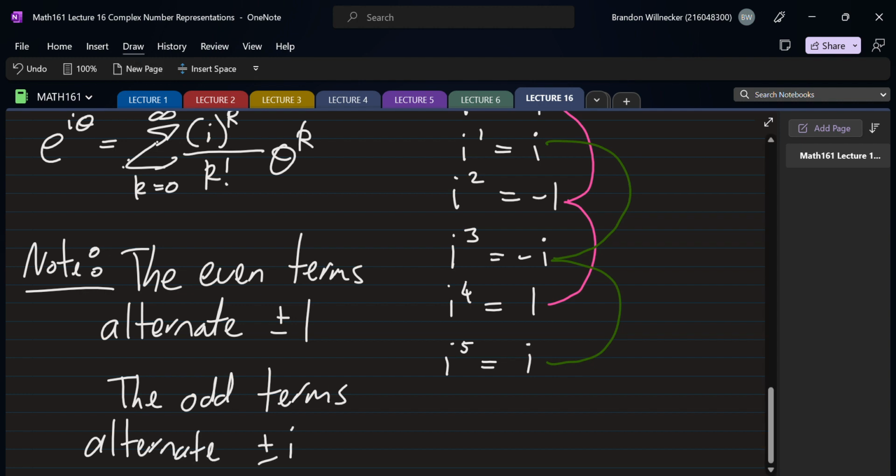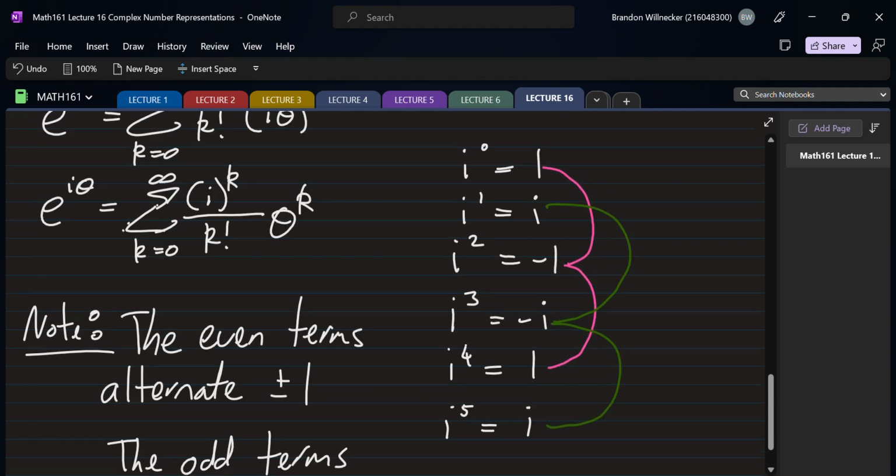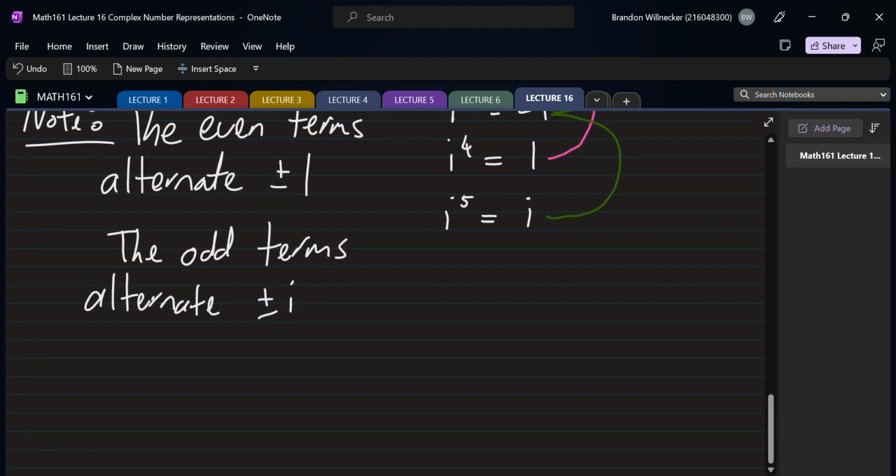Okay, so we have this separation of terms into the even ones and the odd ones, which means our Taylor series here will also be split into an even part and an odd part, depending on the value of k. So e to the i theta is equal to the sum from k equals 0 to infinity. Let's look at the even terms.